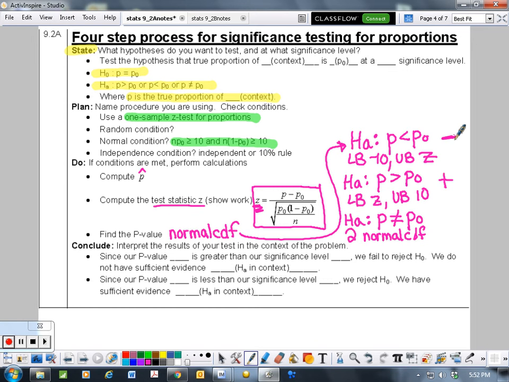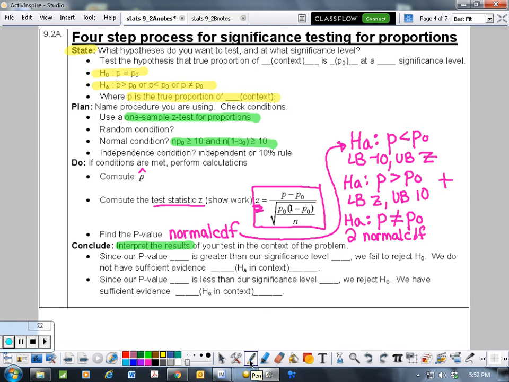And then, of course, we interpret our results, which is probably one of the most important things. We're always comparing our p-value to our significance level.